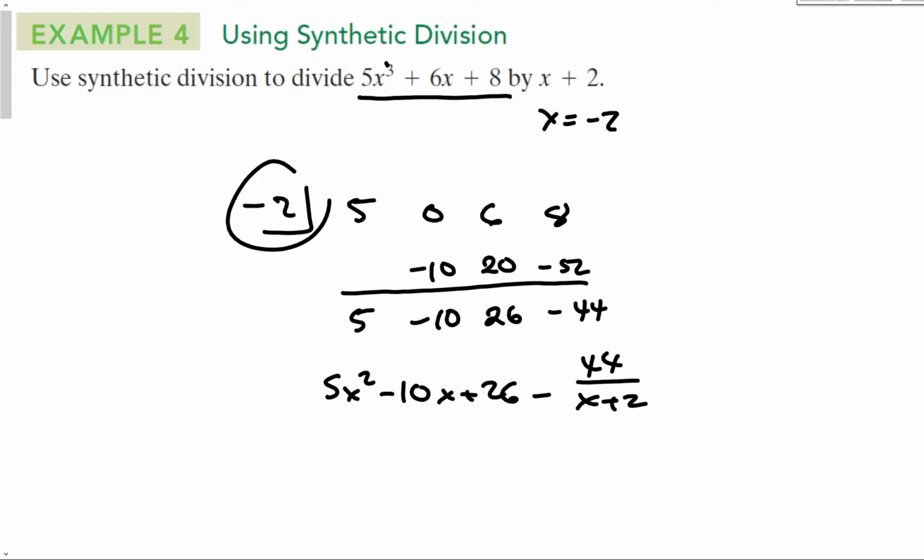Not over negative 2, but over x plus 2. And that also tells me, because there was a remainder, that x plus 2 is not a factor of 5x to the third plus 6x plus 8. And that is something that we'll use a little bit more later.